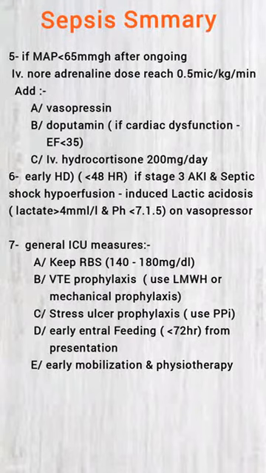Use low molecular weight heparin or mechanical prophylaxis like elastic stockings. Stress ulcer prophylaxis: use a proton pump inhibitor, and early enteral feeding within the first 72 hours from presentation, and early mobilization and physiotherapy. Thank you for listening and watching this video. Hope it is brief.